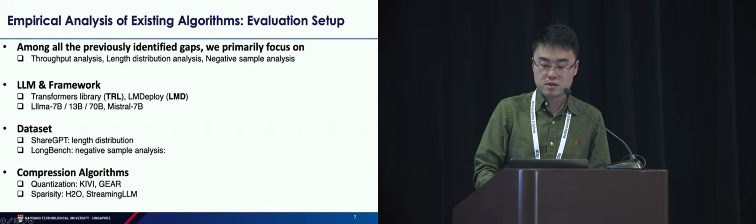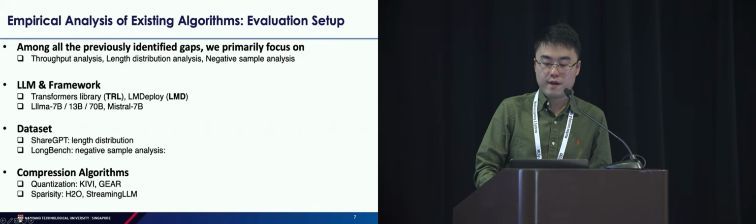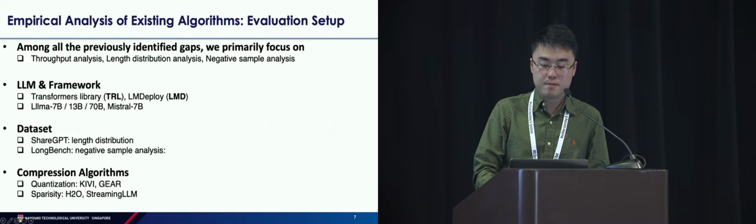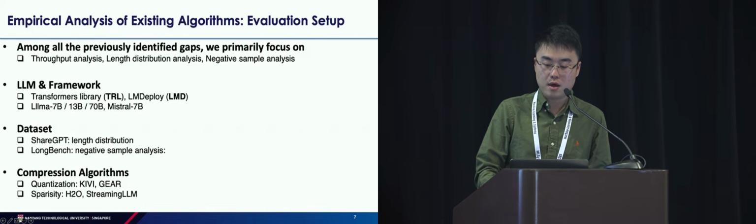We use frameworks including the transformers library and LLM deploy. We chose LLM deploy for evaluation because it is easy to modify to support various KV cache compression techniques with flash attention and page attention. As for LLMs, we considered Llama and Mixtral on datasets including Shared GPT and Longbench.